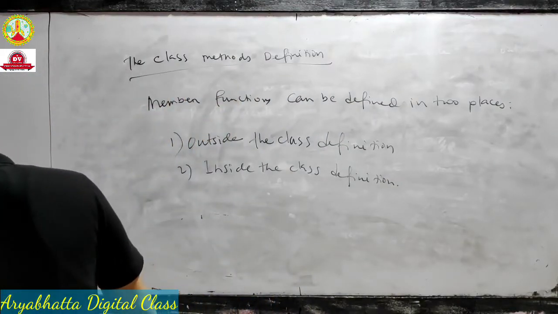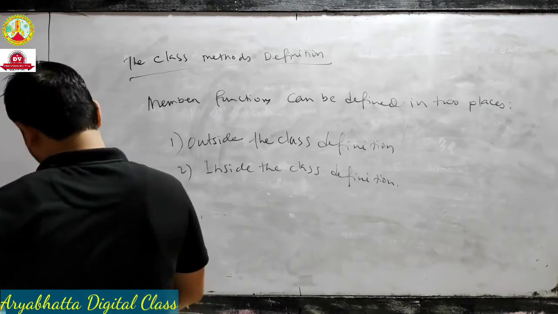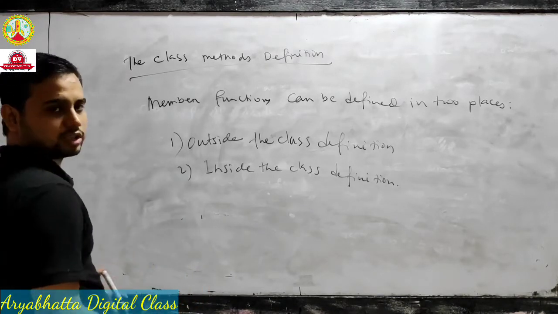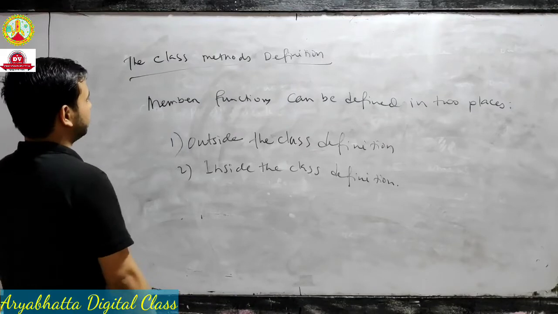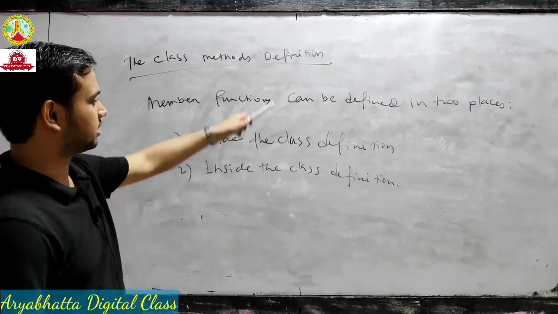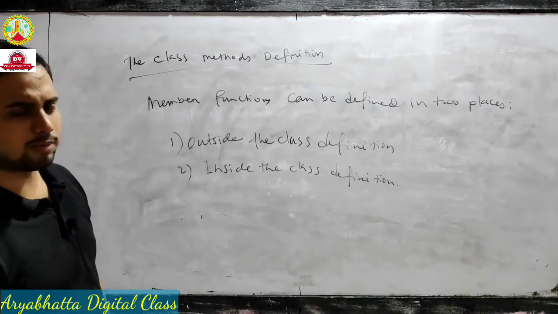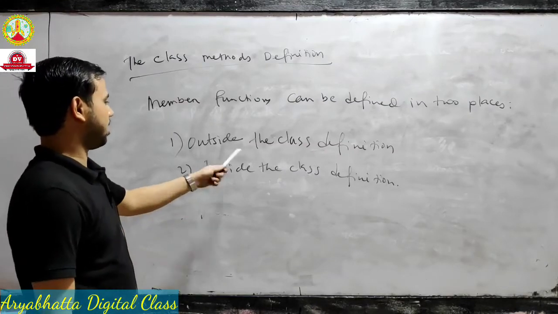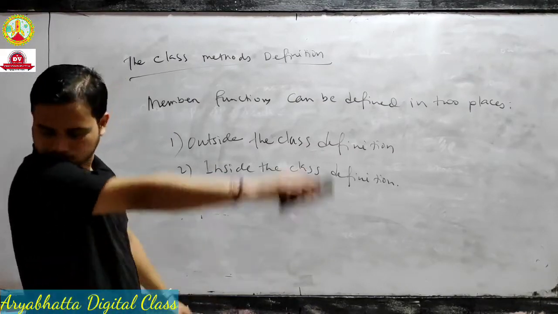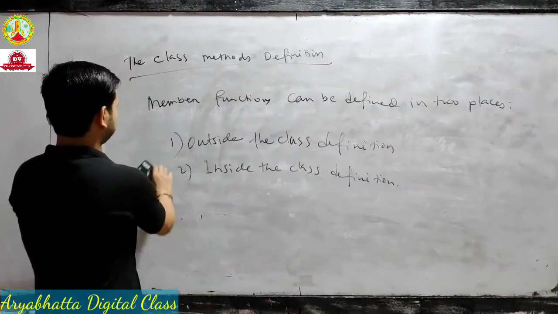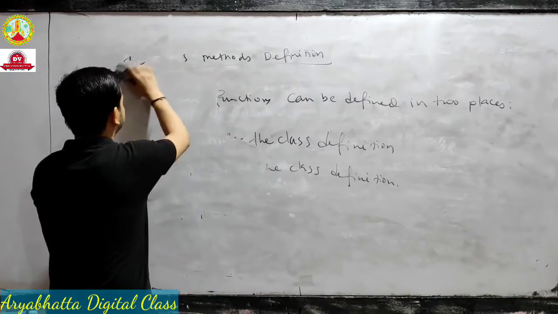First of all, we discuss the outside of the class definition. The member functions can be defined in 2 places or 2 types, outside the class definition and inside the class definition, and first we discuss outside the class definition.